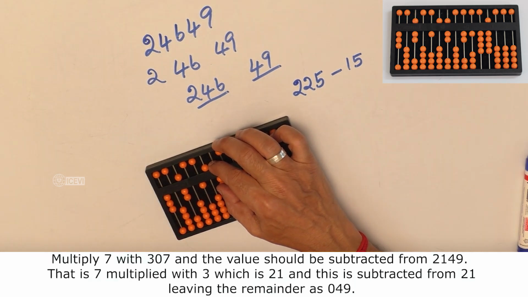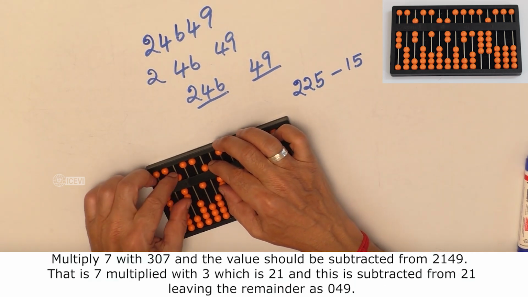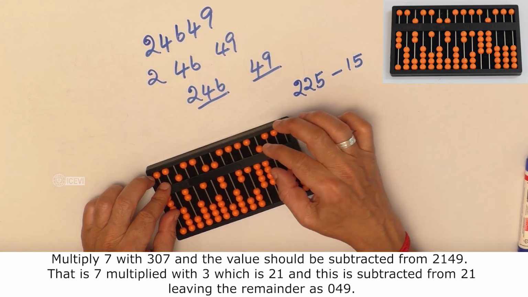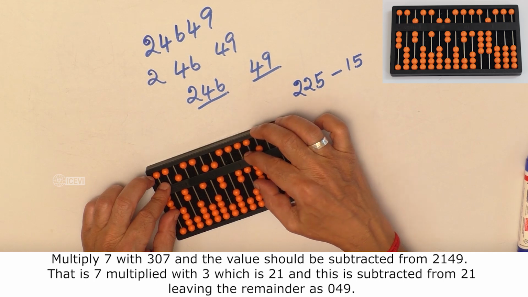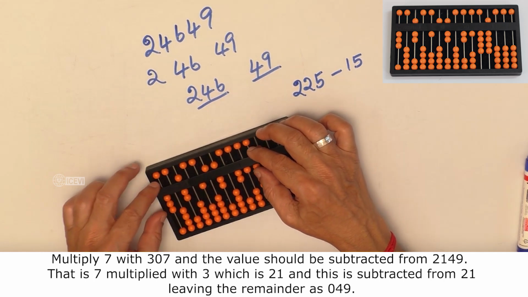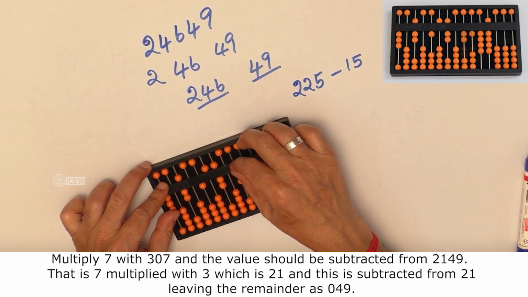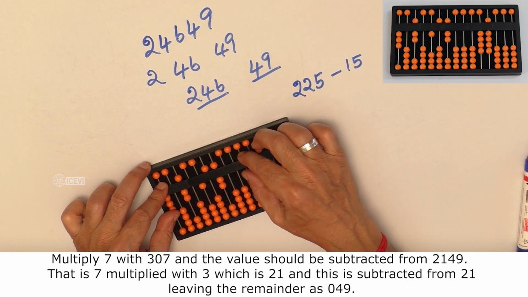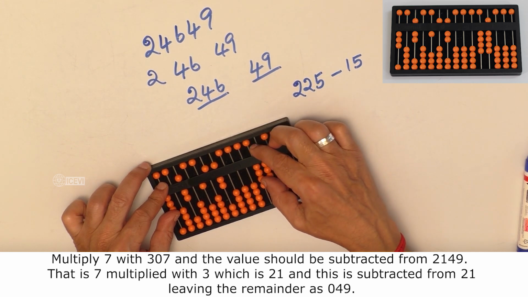Now multiply 7 with 307, and the value should be subtracted from 2149. That is, multiply 7 with 3, that is 21, and this is subtracted from 21, leaving the remainder as 049.